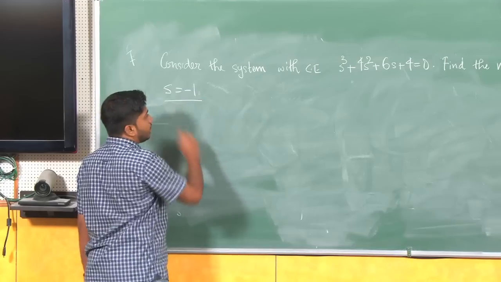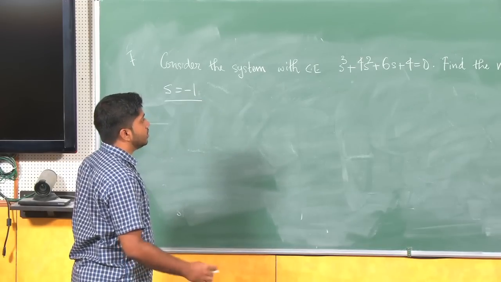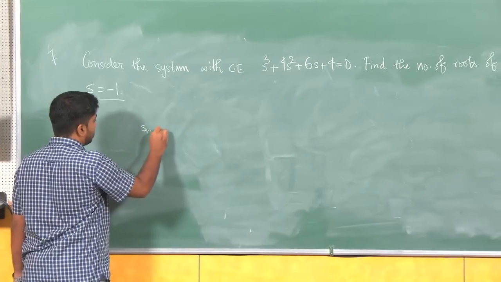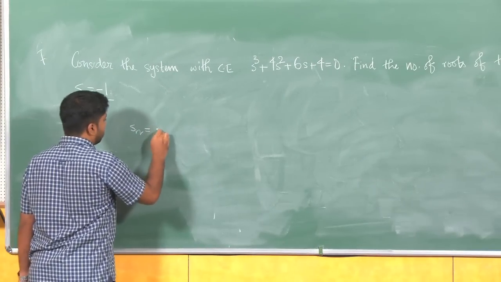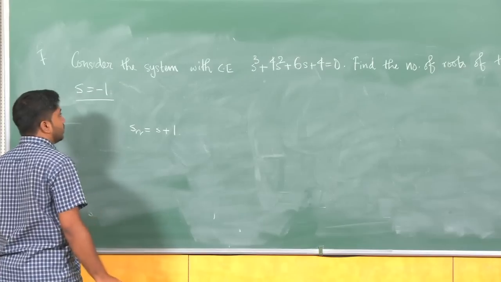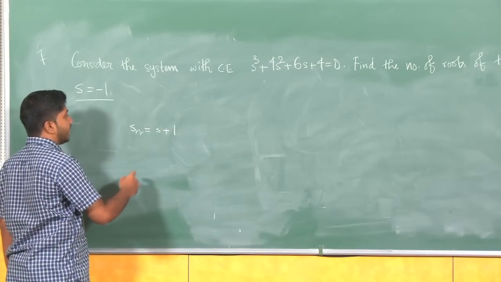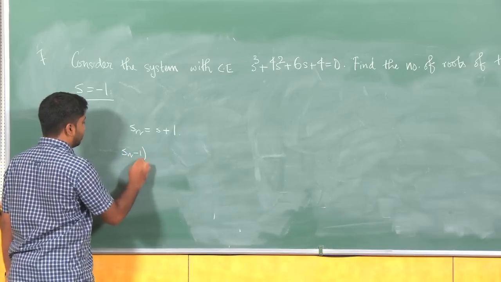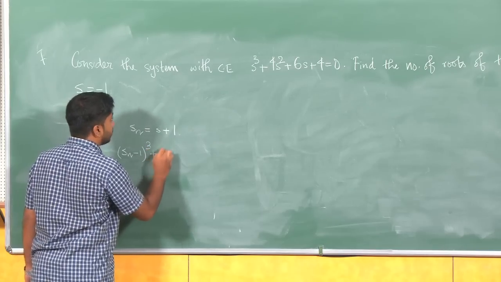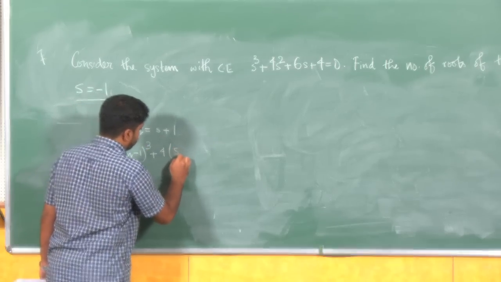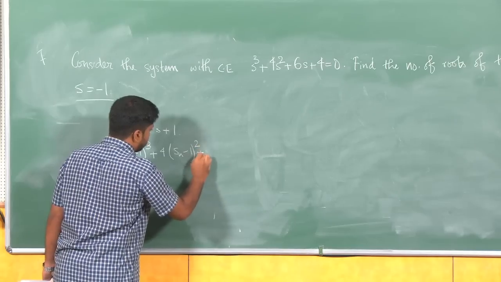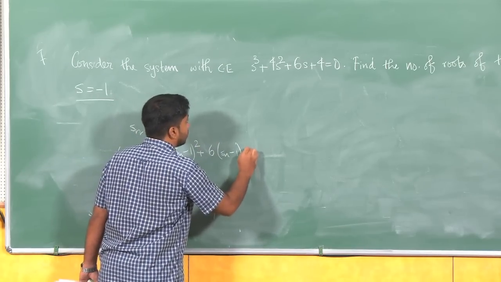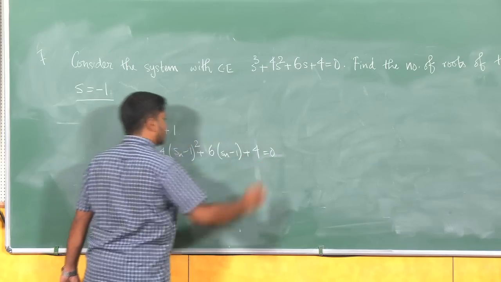So, we have to find out how many roots are there to the left of s is equal to minus 1. So, we consider a dummy variable sn such that sn is equal to s plus 1. Now, if we write the characteristic equation in terms of sn, it will be (sn minus 1) whole cube plus 4 (sn minus 1) whole square plus 6 (sn minus 1) plus 4 is equal to 0.